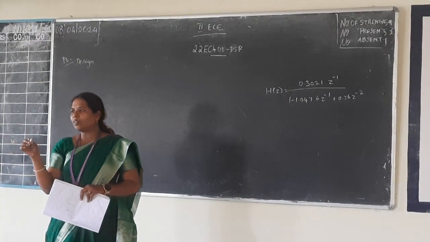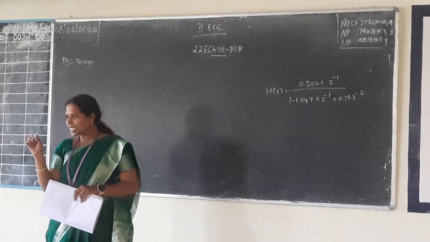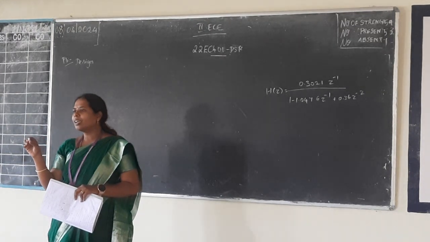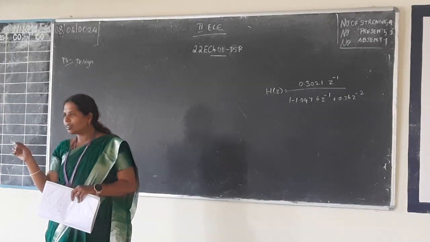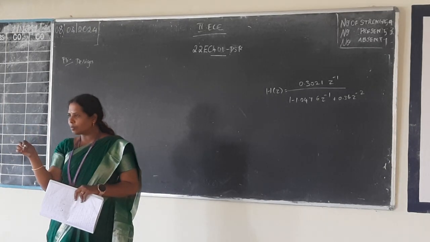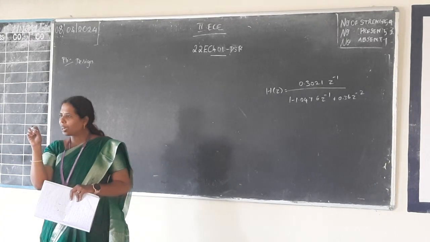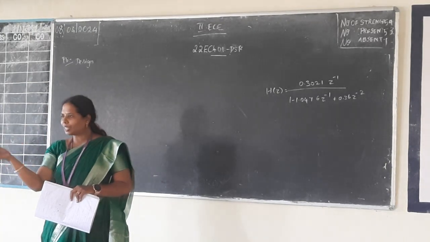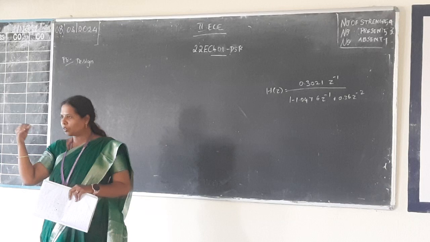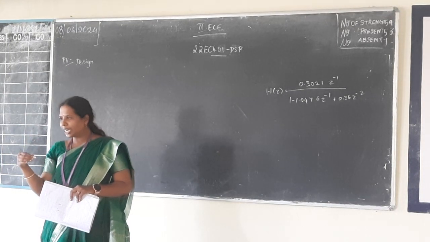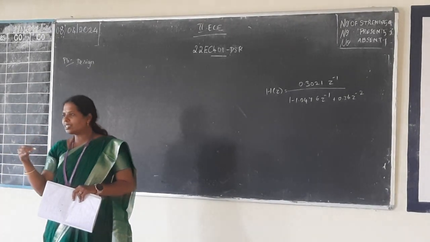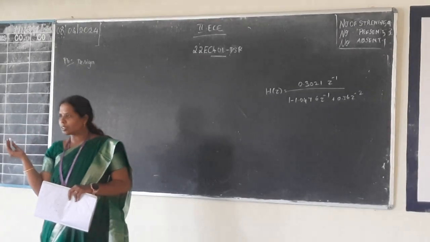If they ask to design a digital filter using bilinear transformation, we have to prewarp the frequencies. Right at the start, you have to use that formula to prewarp. After that, we use that omega p and omega s to find out the N value, and that is also used to find out the poles.